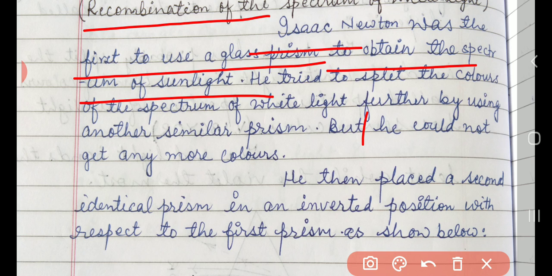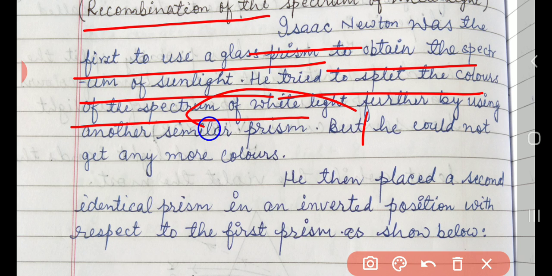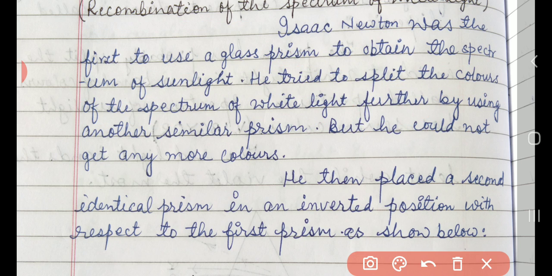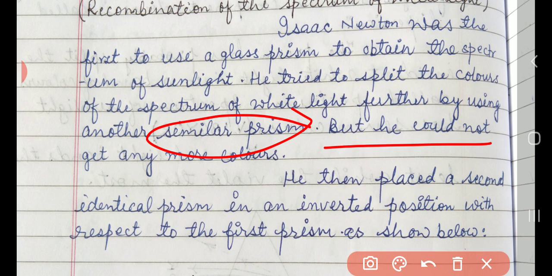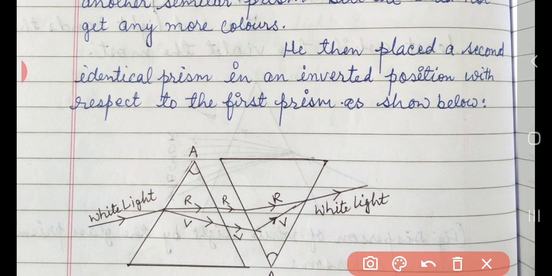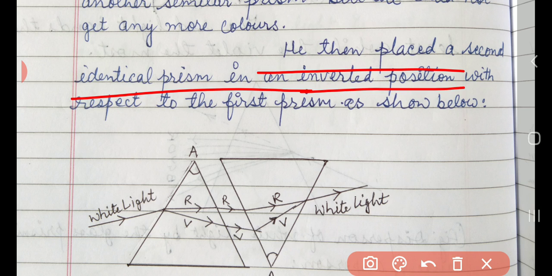He tried to split the colors of the spectrum into further colors by using another similar prism, but he could not get any more colors. Then he placed a second identical prism in an inverted position with respect to the first prism.